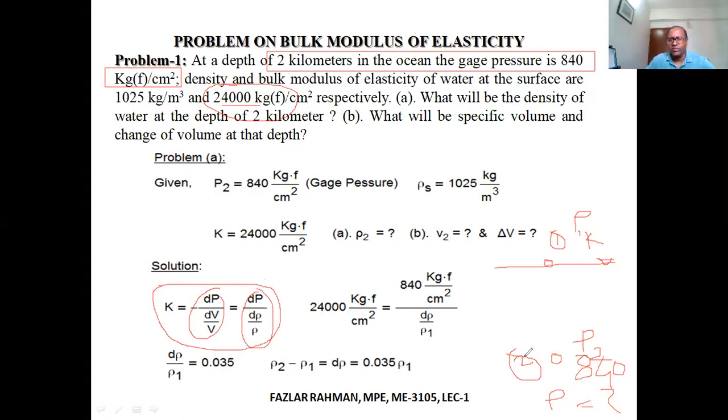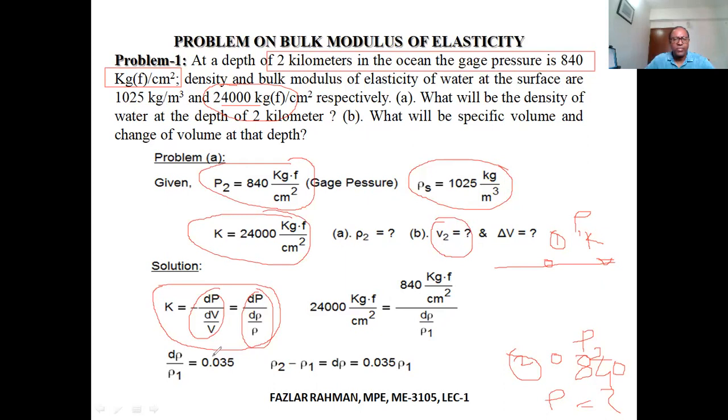Given P2 right over here, 840 kg force per centimeter square gauge pressure. At the top surface, that means at point 1, rho is given this much, and K is this much. I need to figure out rho 2, the specific volume, and the change of volume.